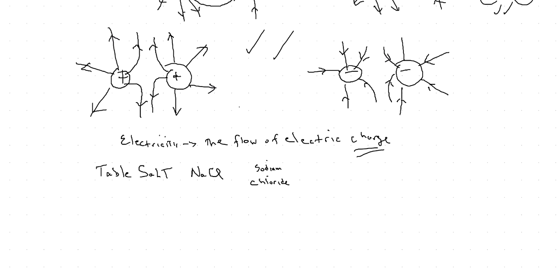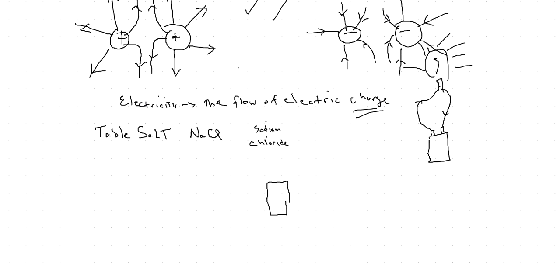Okay. Now, if I have a circuit, suppose I have a battery. Okay. And I plug it in. There's my light bulb. And I connect this. The electricity is going to flow. The electrons are going to flow and complete the circuit and make this light bulb glow. Okay.